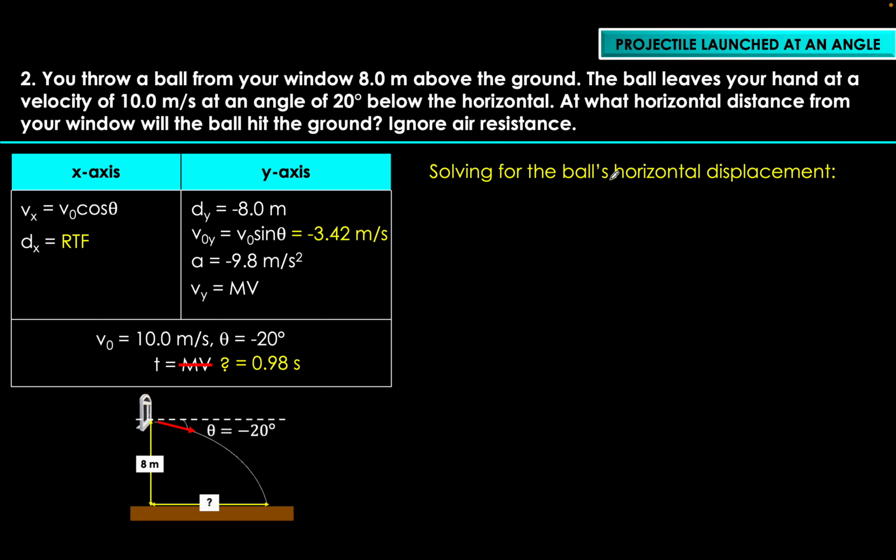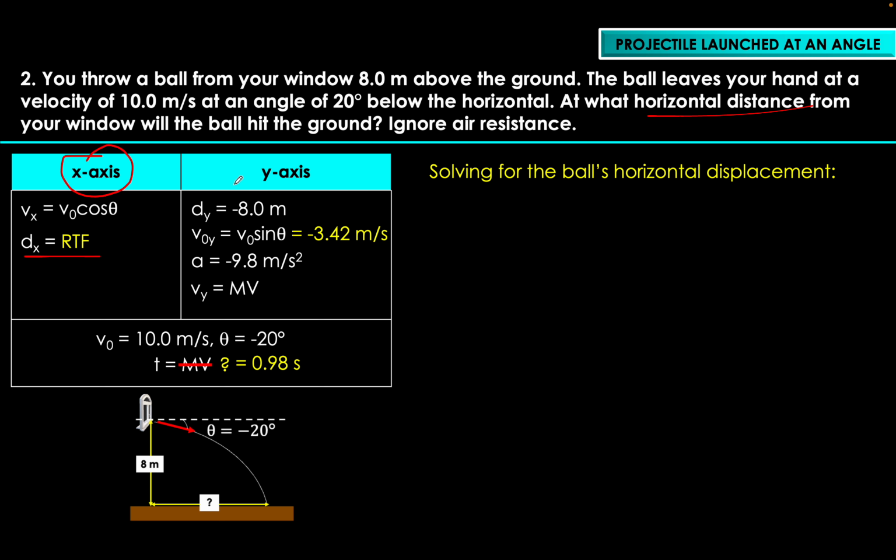And then going back, you can now go back to solving the horizontal displacement of the ball. If you're getting lost, just recall, we tried solving for the horizontal displacement using the x-axis, but we didn't have enough given, right? Because we're solving for d sub x, and we didn't even know time earlier, okay?